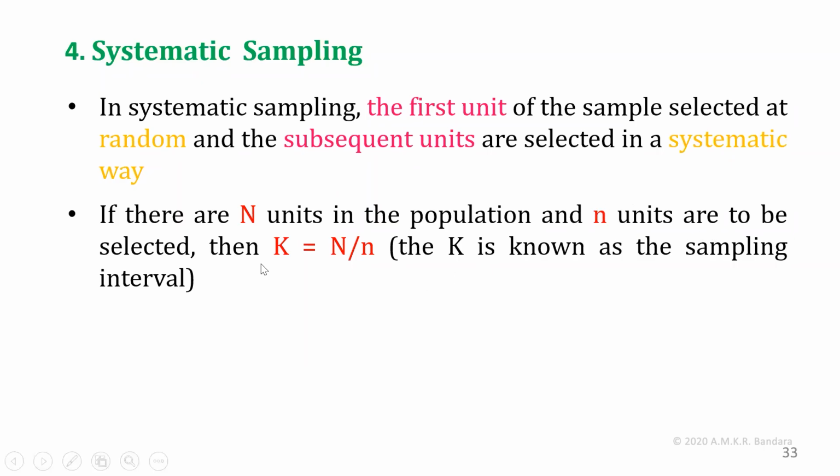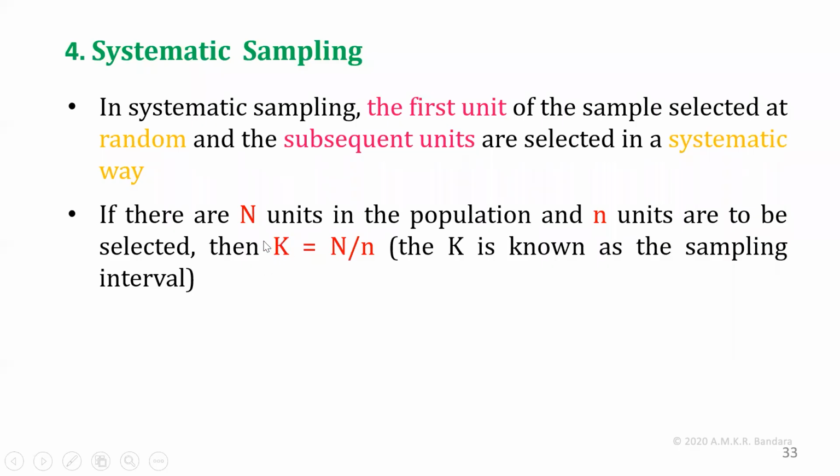Then what you have to do is first find a value or number called the sampling interval. The sampling interval is the number of individuals in the population divided by the number of samples. So this is the sampling interval.